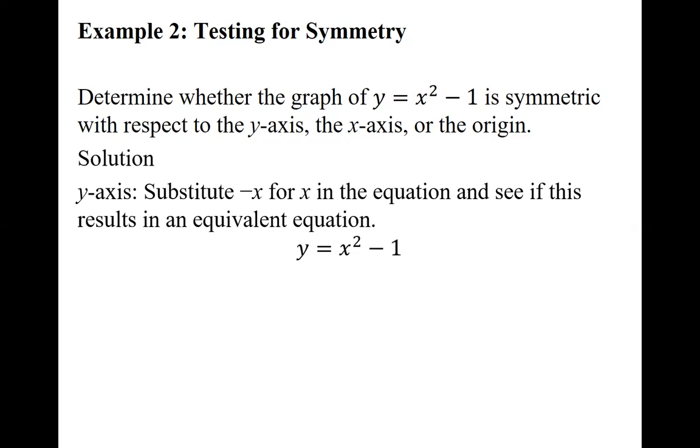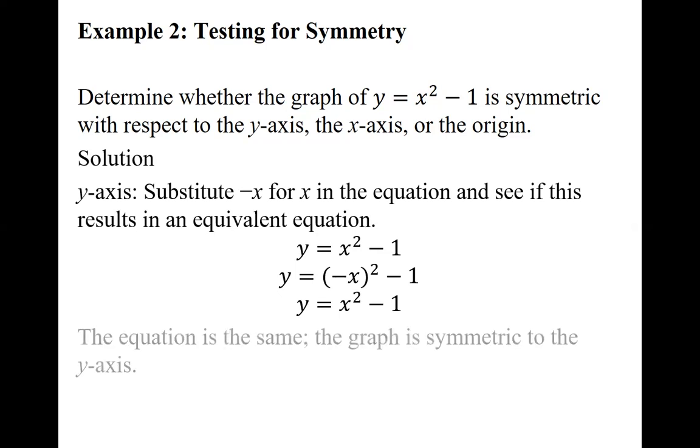So y equals x squared minus 1 becomes y equals (negative x) squared minus 1. But when we square a negative, we get a positive. So y equals x squared minus 1. We got the original back.